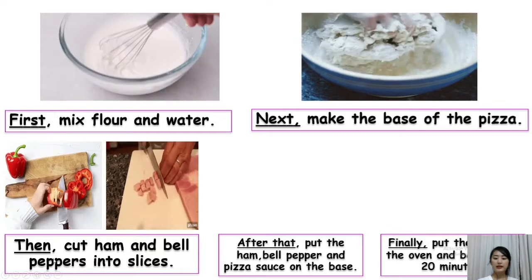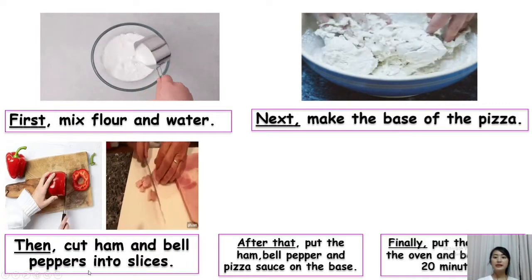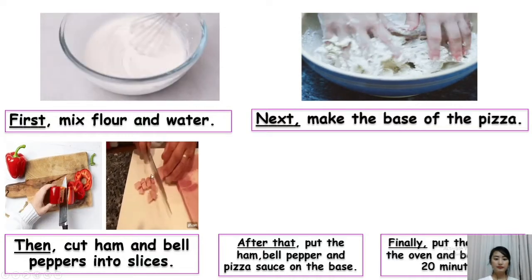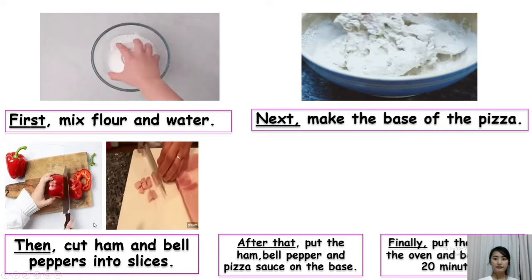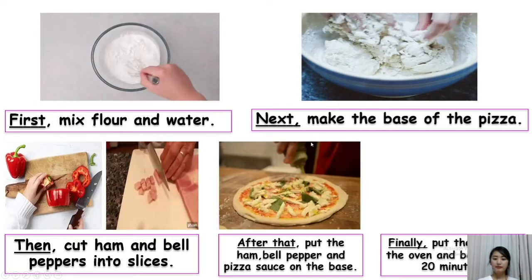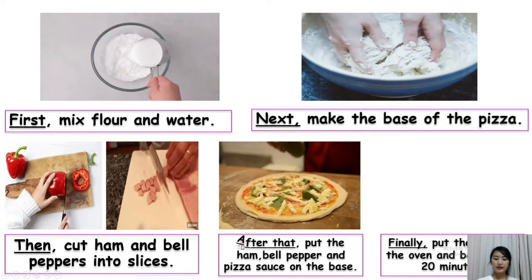Everybody, let us read. Then, cut ham and bell peppers into slices. What is the next step? Let us read.